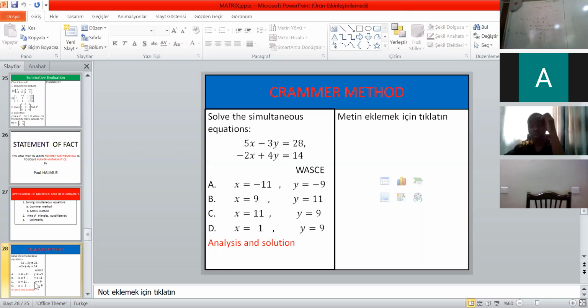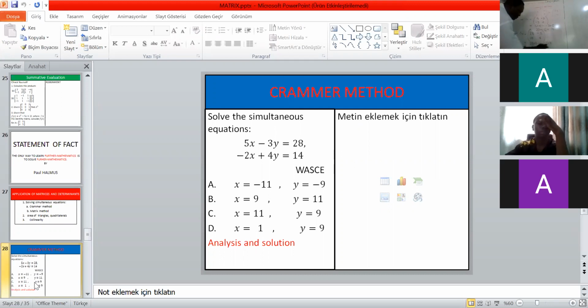Now from here we find the determinant. This gives us 28 times 4 minus -3 times 14. 28 times 4: 4 times 8 is 32, carry 3; 4 times 2 is 8, 8 plus 3 is 11, so 112. Minus minus gives us plus here, so be careful.